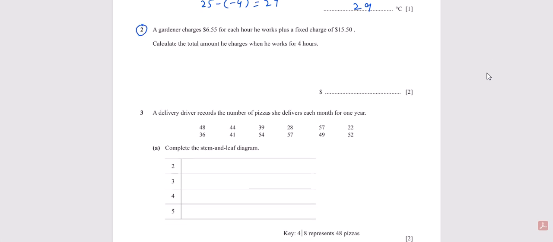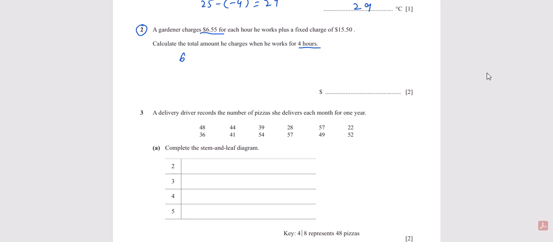Question number 2. A gardener charges $6.55 for each hour of work plus a fixed charge of 15.50. Calculate the total amount he charges when he works for 4 hours. So he works 1 hour and then charges $6.55.